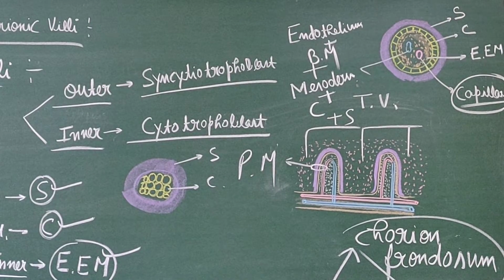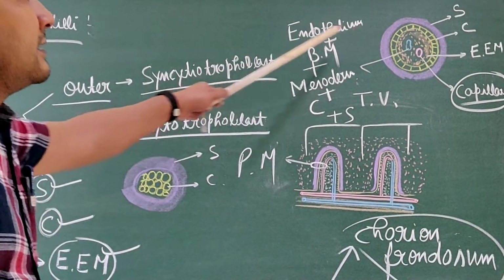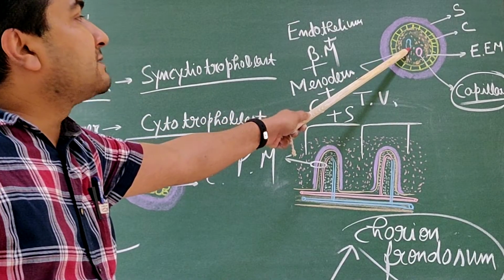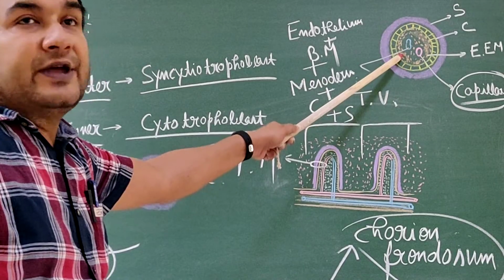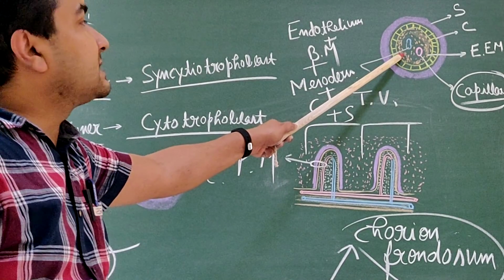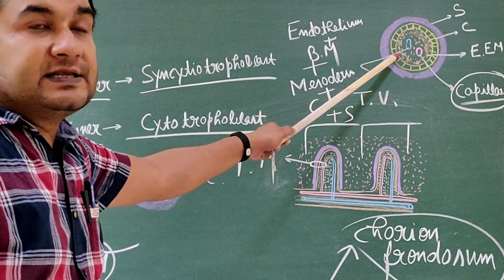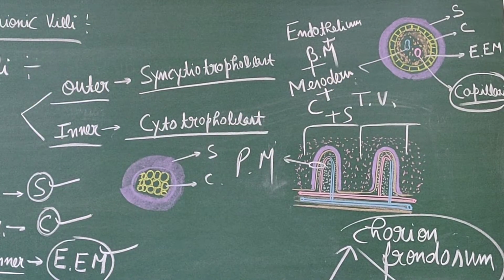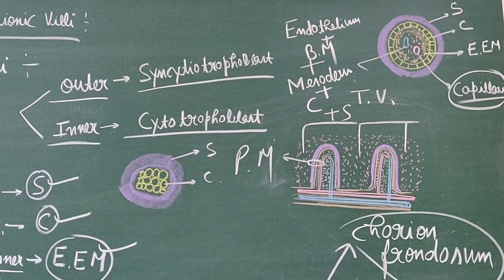The layers of the placental membrane are the capillary endothelium along with basement membrane, then the mesoderm, or you can say extra embryonic mesoderm, then the cytotrophoblast and the syncytiotrophoblast.